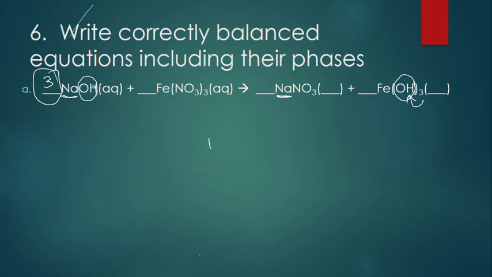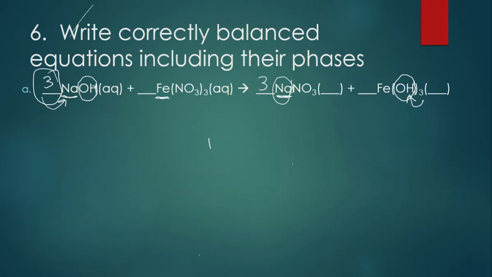So guess what we just did? We just messed up the NAs. Because what did we say we have on this side? 1. So we now have 3 NAs on the left, 1 on the right. What must you multiply the right by in order to get the same number? 3.